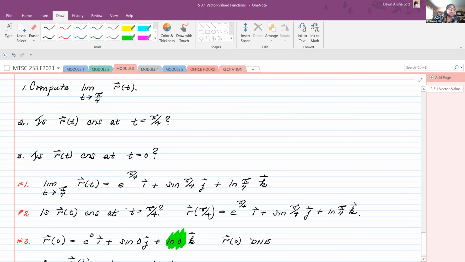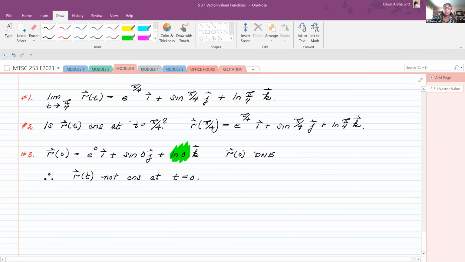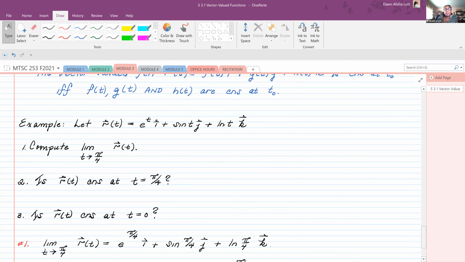But in the third part, when I go to find out whether it's continuous, I see it's not even defined at t equal to 0. So no, it doesn't exist. So you have to be able to find the limit, and you have to be able to find continuity. Okay. Any questions about that?